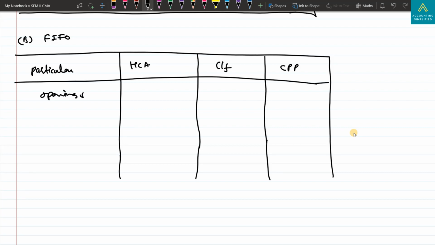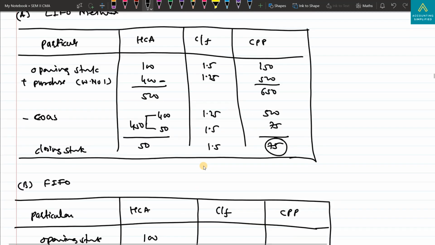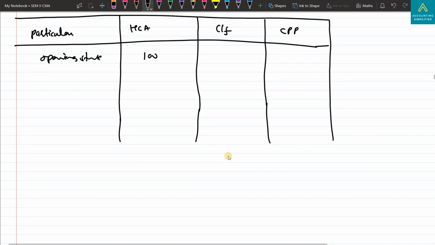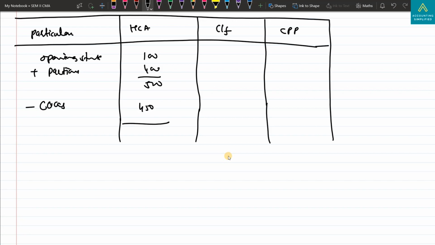Opening stock is given 100, so we can see this also 100, 400, only amount will change in case of COGS and closing stock. This particular 400, so total 500 minus COGS is 450, and closing stock is 50. This is closing stock.